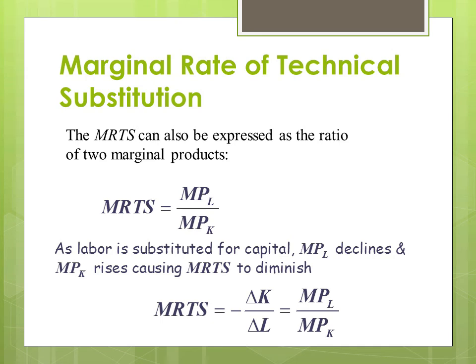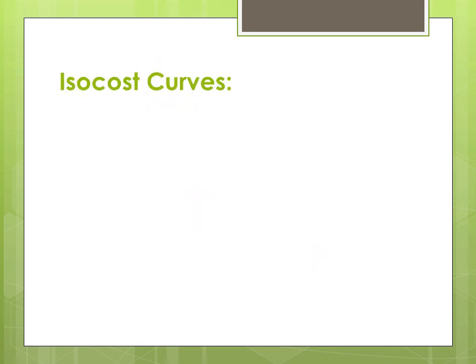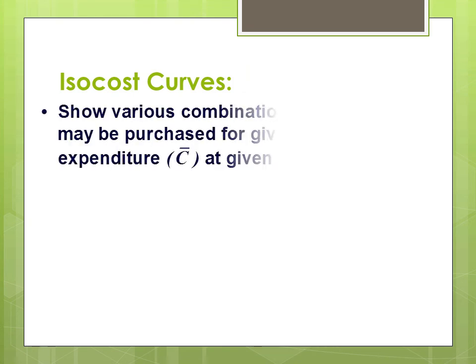As labor is substituted for capital, the marginal productivity of labor declines and the marginal productivity of capital rises, so the marginal rate of technical substitution is diminishing. It is equal to minus change in capital over change in labor, which is equal to the marginal productivity of labor over the marginal productivity of capital.